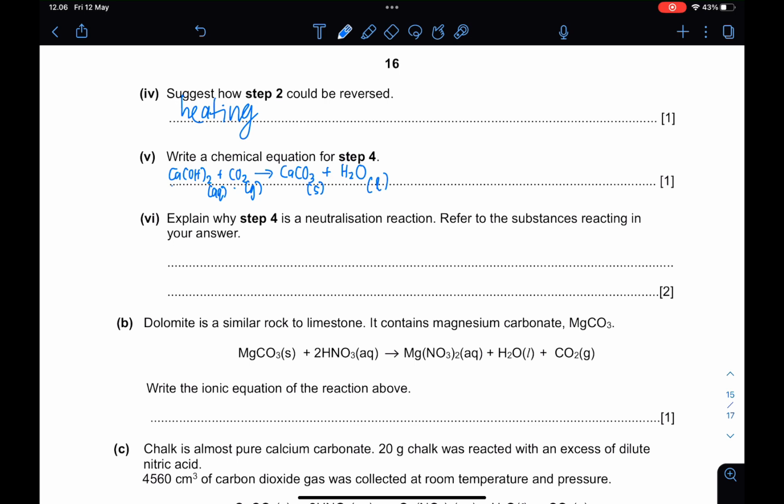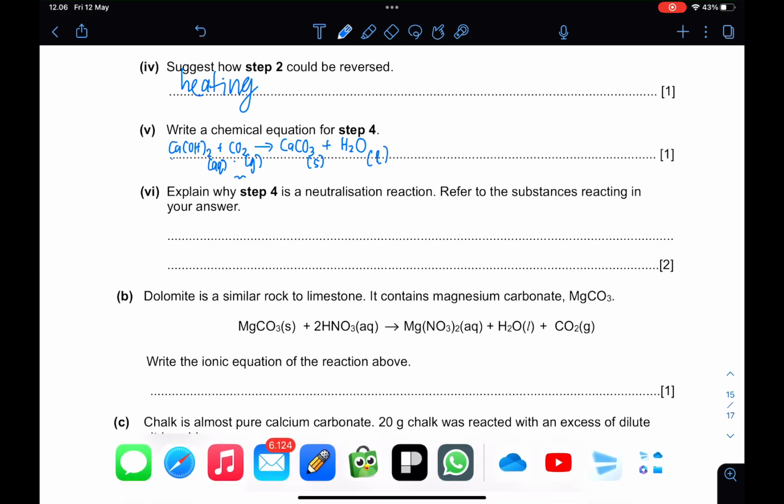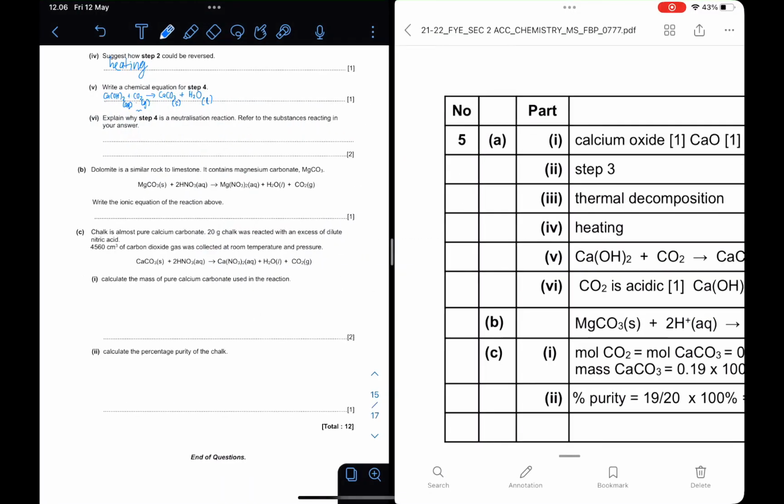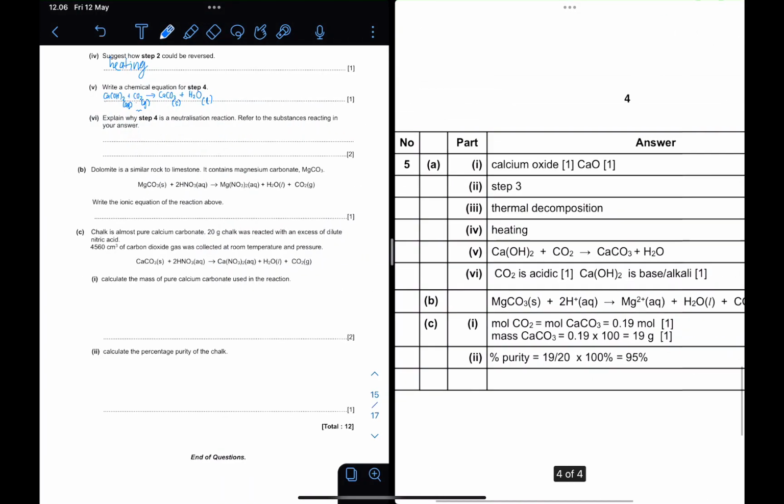Here, calcium hydroxide reacts with carbon dioxide to give you water. So it's an acid-base reaction. Carbon dioxide is like an acid, and calcium hydroxide is a base, and they give you H2O.